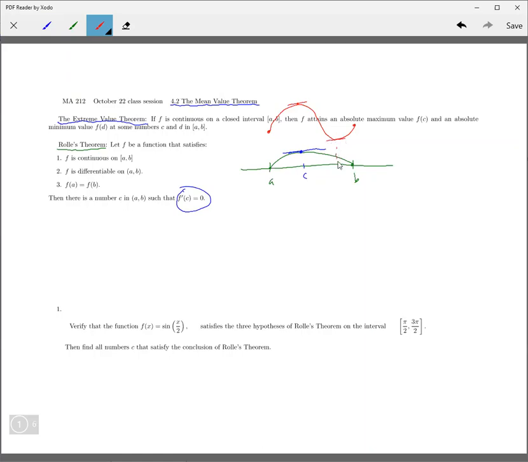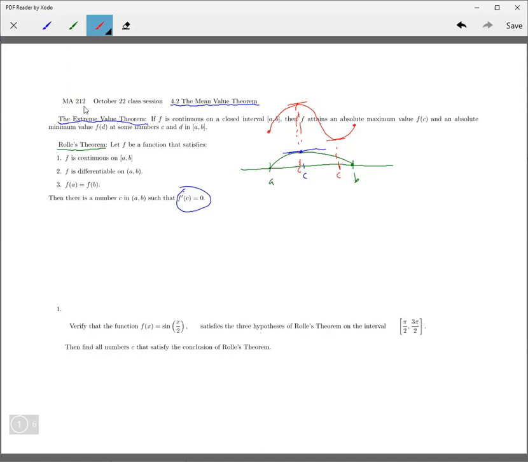So in that case you have two different values that satisfy it. There could be more than one value c where the derivative is 0, where it has these horizontal tangents. And that's pretty much how you prove it.